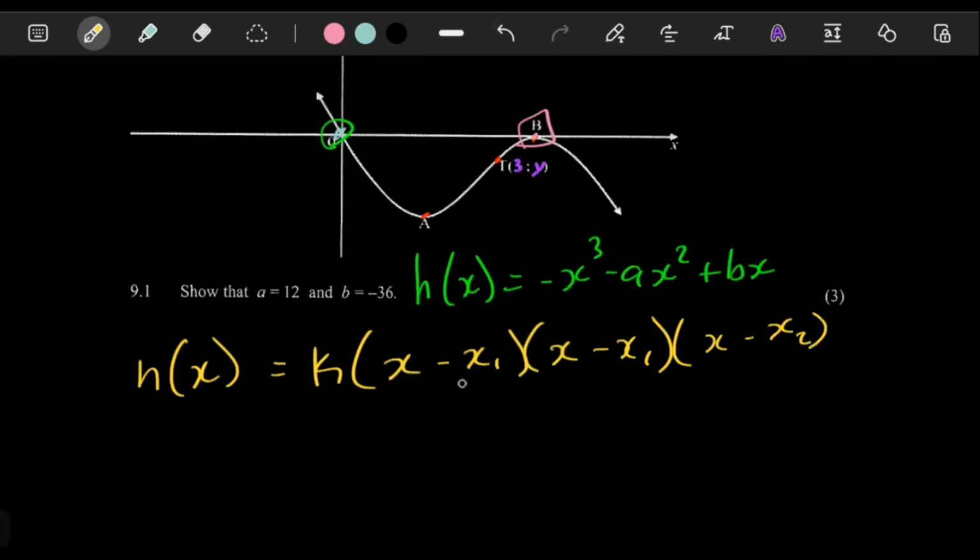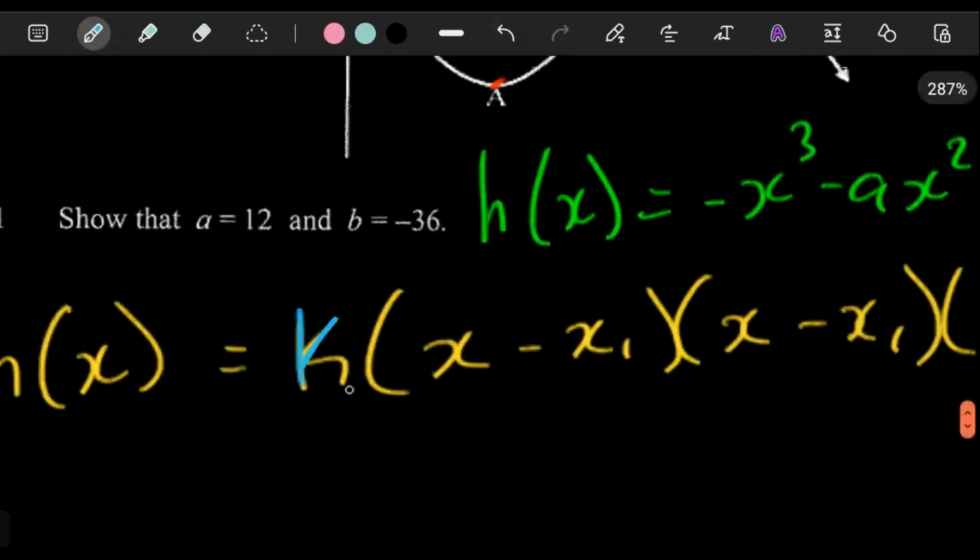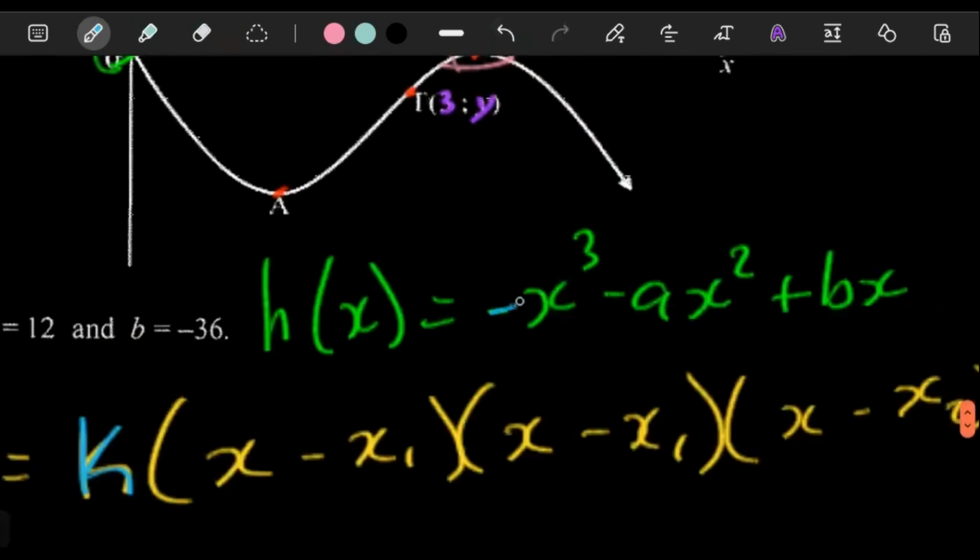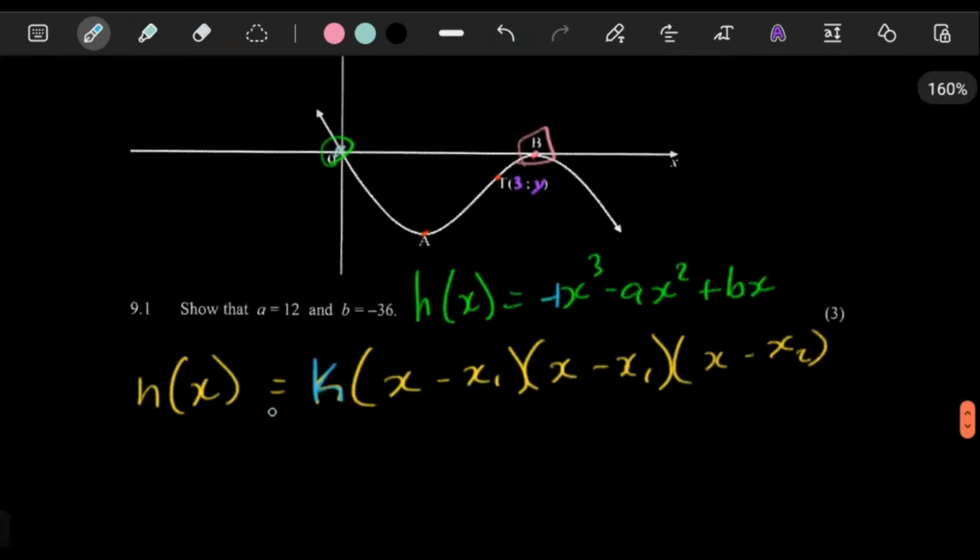I mean, x minus a certain x-intercept, x minus another x-intercept, these will be the same value, and then this will be a third one. Anytime you factorize a cubic function, it will be in this format. Now, this value of k will always be the coefficient of x cubed.